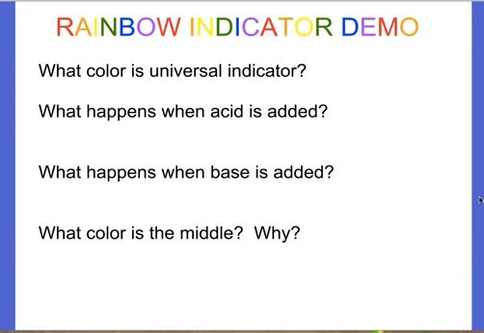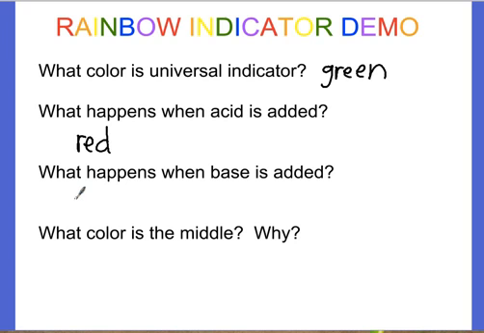All right, so that's what we did in class, and we tried to get it back to neutral and did a pretty good job. What color was the universal indicator to start with? That was green. What happened when you added an acid? Well, I like to think red hot acids, so it turned red, and then it spread to an orange color as you had less acid moving through that column.